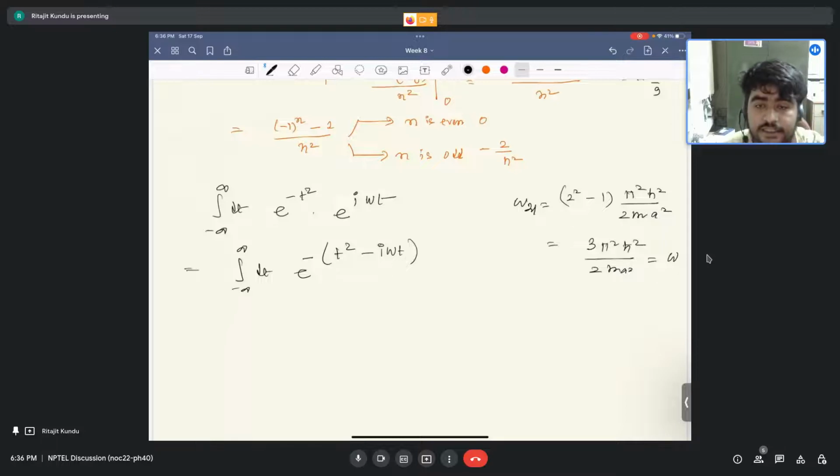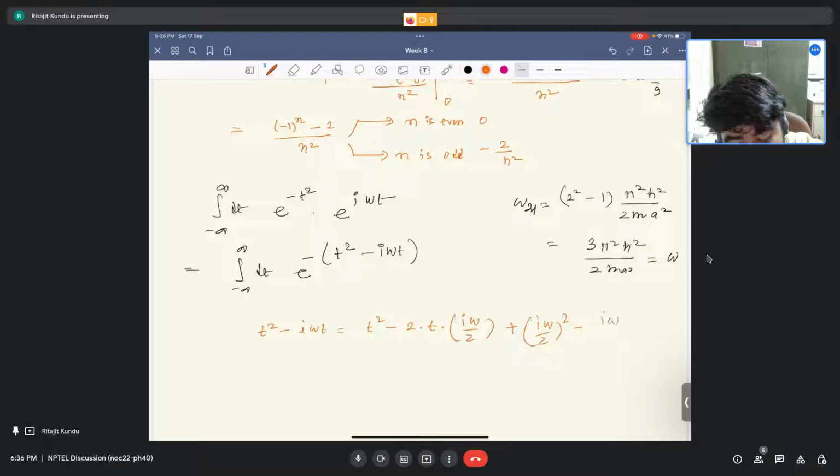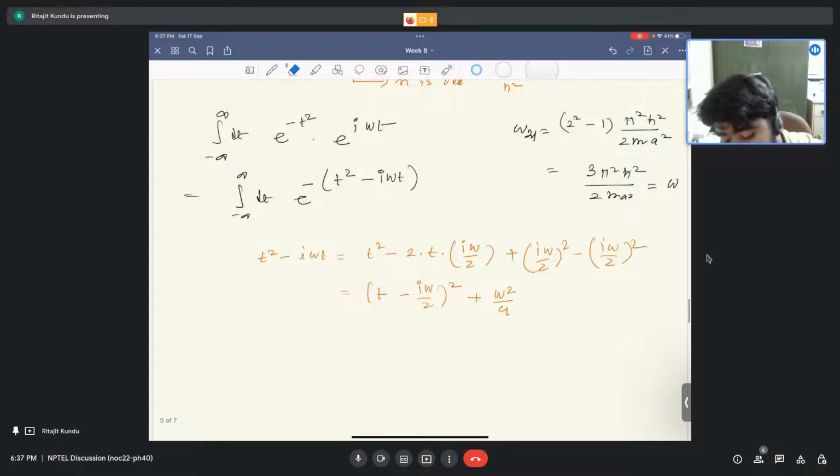So we can first try to complete this square. t square minus i omega t becomes t square minus 2 times t times i omega by 2. So I'll just add this i omega by 2 and subtract this i omega by 2. So this becomes t minus i omega by 2 whole square, minus and minus plus, omega square by 4.